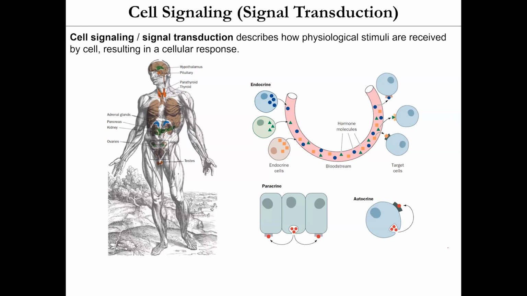There's a diagram here showing many of the different players in cell signaling, and also a description of endocrine signaling, which is where cells from one part of the body can release molecules that travel through the bloodstream and are received and can change cells in another part of the body, resulting in a physiological response.